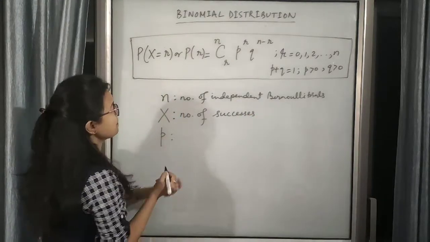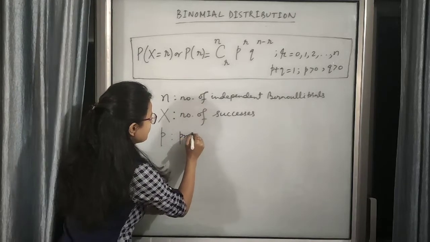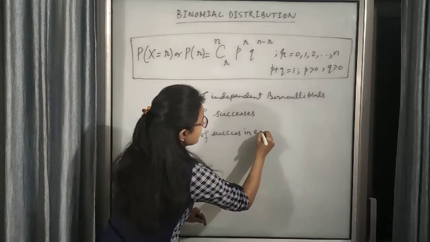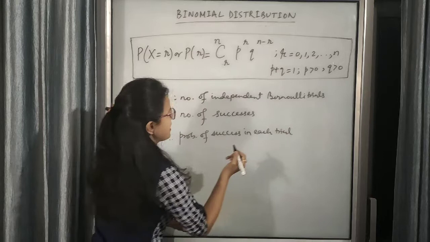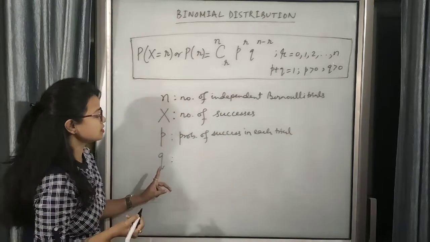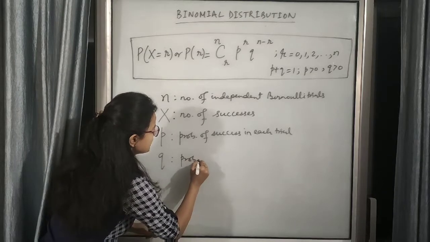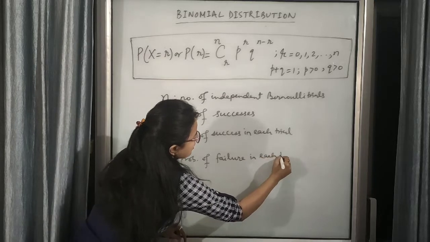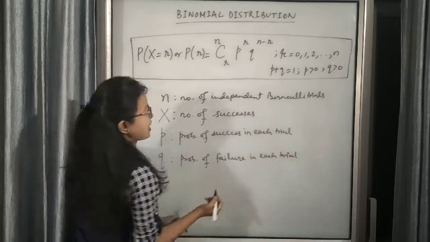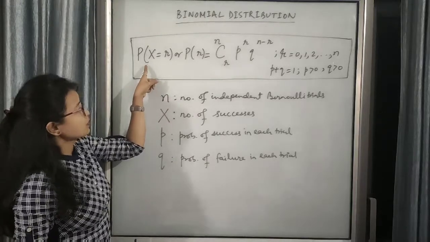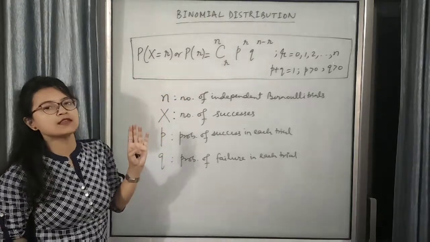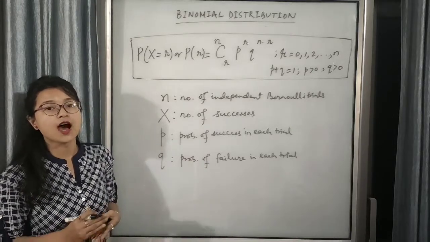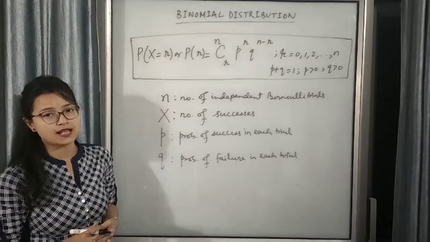Next, the symbol p means probability of success in each trial, and the symbol q means probability of failure in each trial. So, using binomial distribution, when the trial is a Bernoulli trial, we can find the probability of obtaining r successes out of n trials.